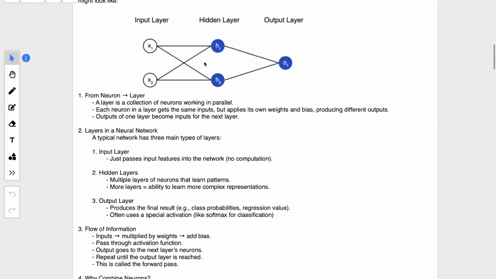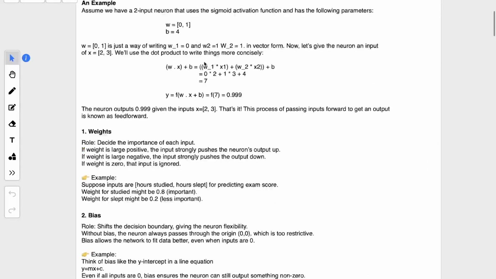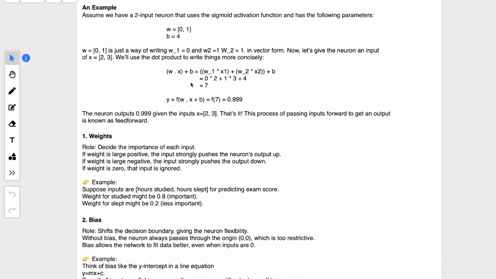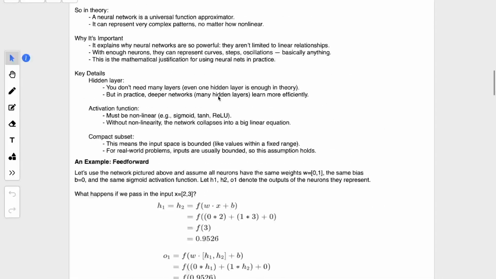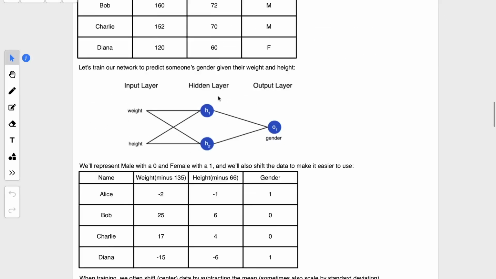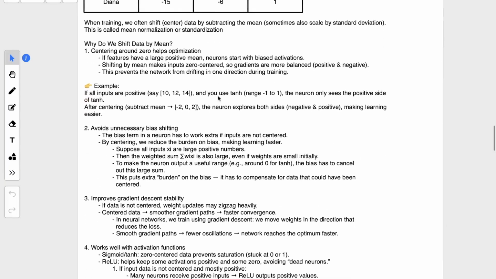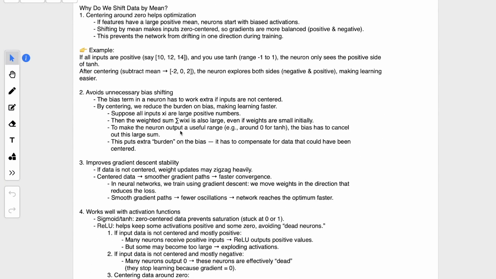Let's go back a little bit. So here, if you see, the output of a neuron is the dot product of weights and the inputs plus bias, right? We have already seen this. Then this weighted sum is passed through an activation function, and that becomes the final output of the neuron, right? So if the data is not centered around 0 and, let's say, mostly positive, then the weighted sum is also large, right?